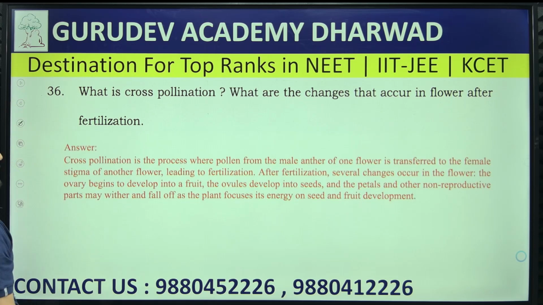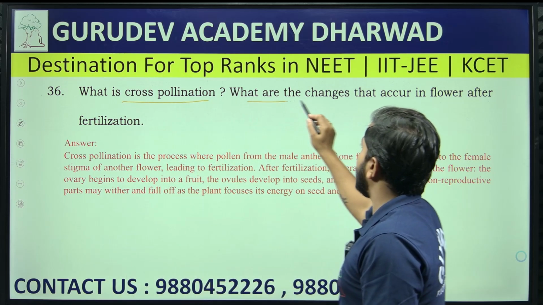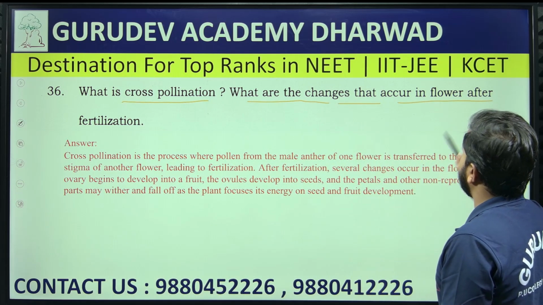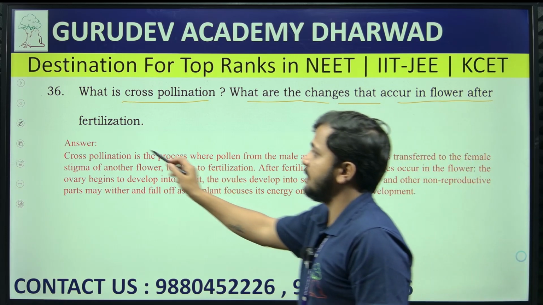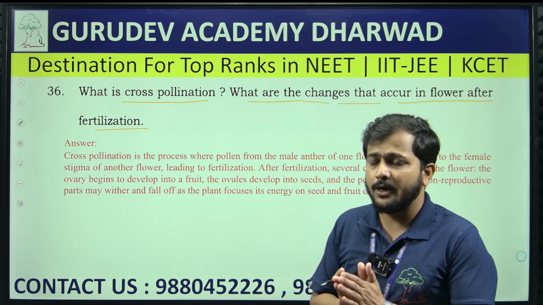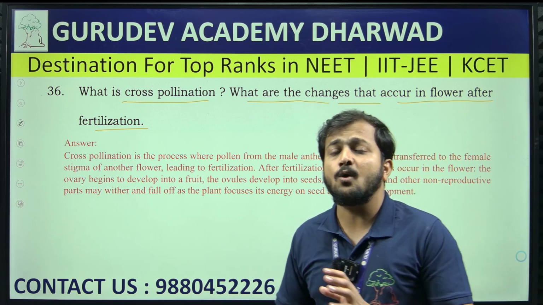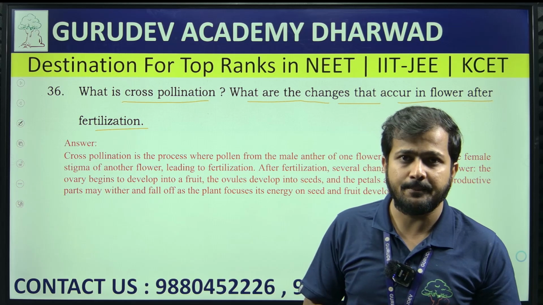Then the next question is about cross pollination, and what changes occur in the flower after fertilization. Cross pollination is developed by the plant to avoid inbreeding depression.